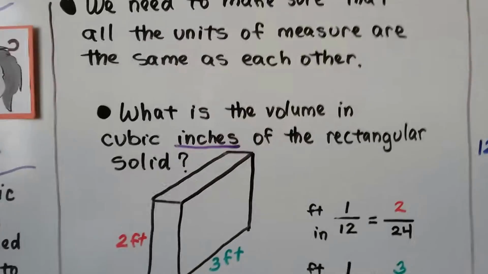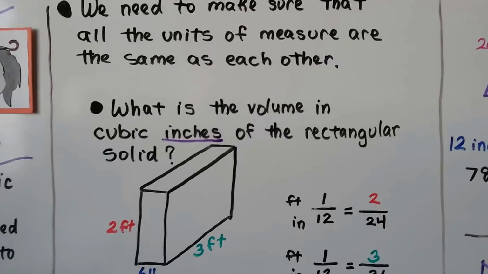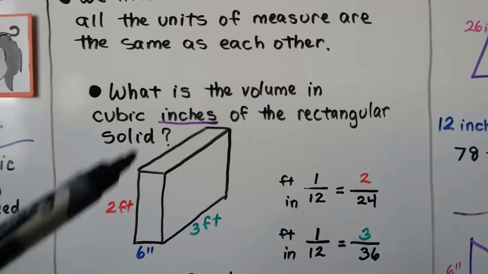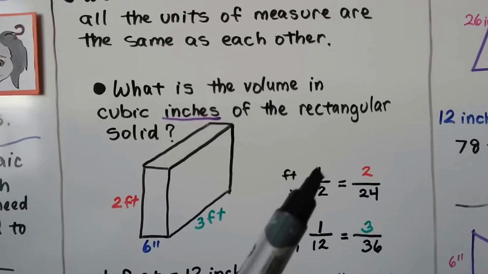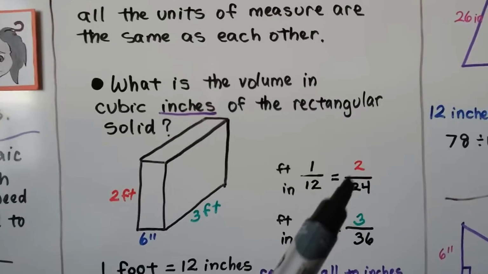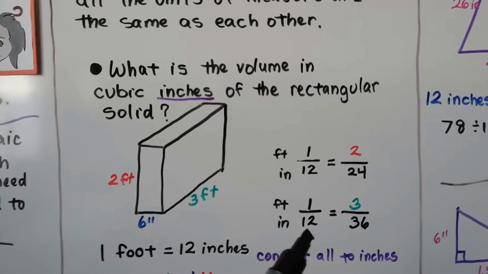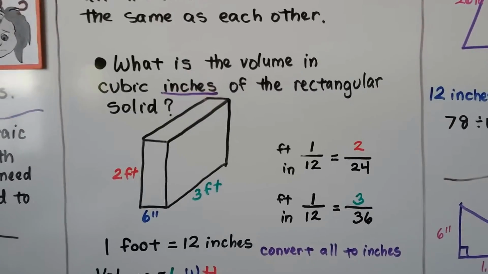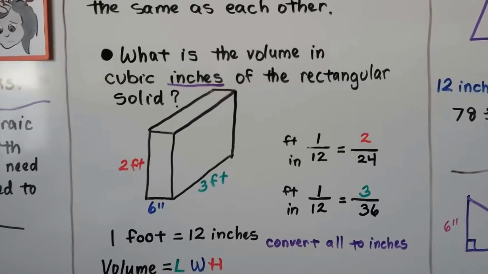We need to make sure that all the units of measure are the same as each other. And what is the volume in cubic inches of the rectangular solid? Well, it wants the answer in cubic inches, but that says 2 feet and 3 feet. So if 1 foot is 12 inches, then 2 feet is 24 inches. See, that's the conversion ratio. If 1 foot is 12 inches, then 3 feet is 36 inches. We plug those in to our length times width times height.